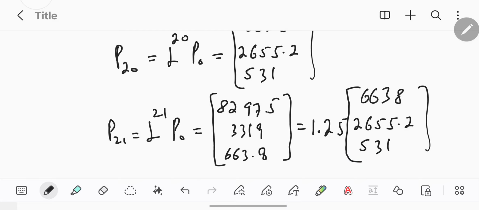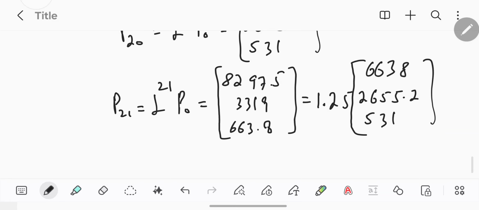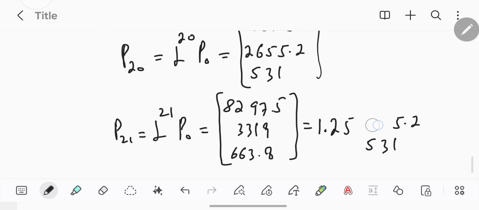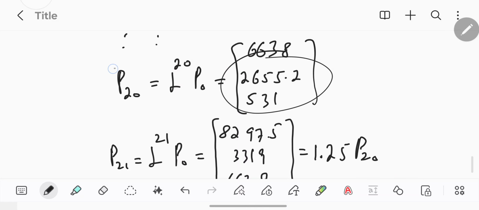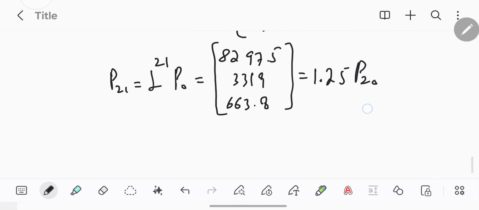So what does that mean? P21 is 1.25 times P20, because this is P20. So instead of writing this whole matrix, I will write P20, because this matrix is nothing but P20.